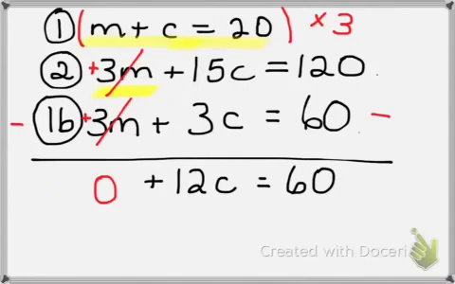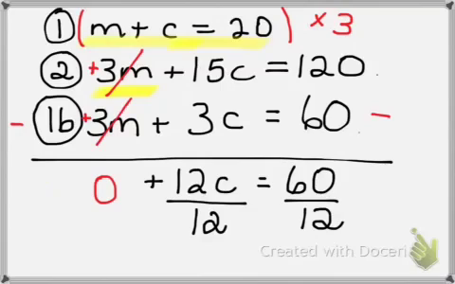And we know that since c is being multiplied by 12, to get rid of it, we have to divide by 12 on both sides. What you do to one side, you do to the other. Our 12's cancel out, leaving us with c equals 5. 60 divided by 12 is 5.